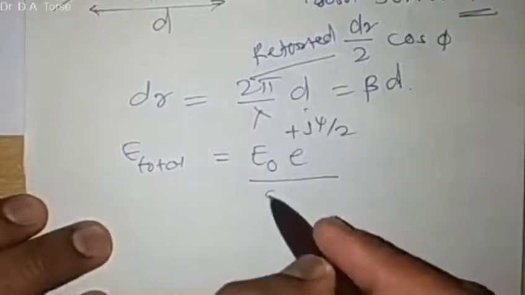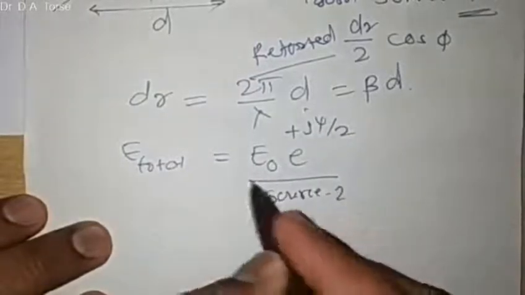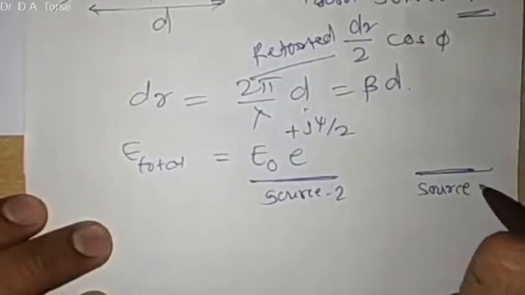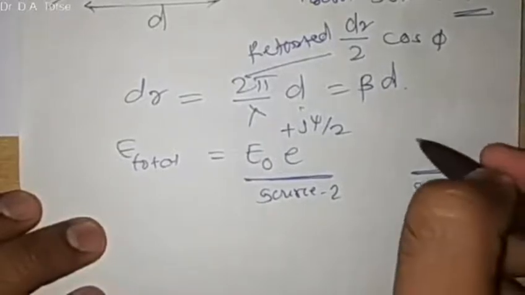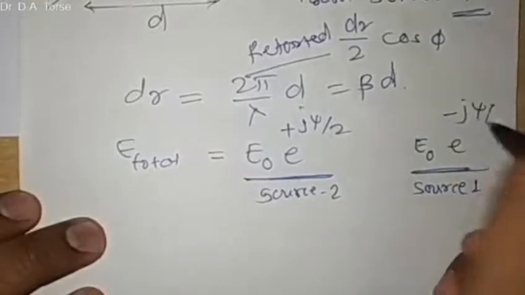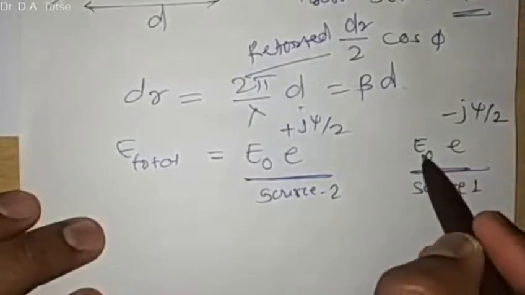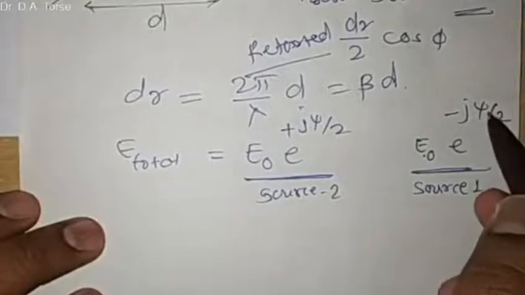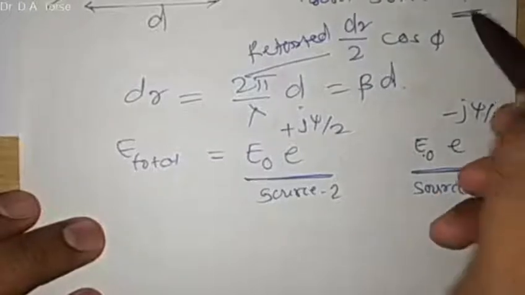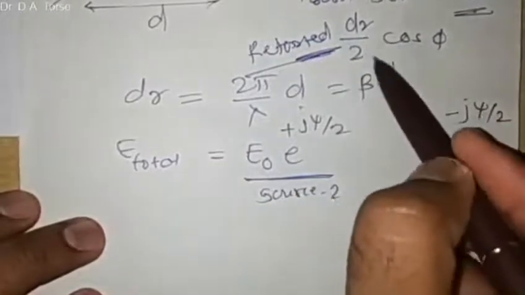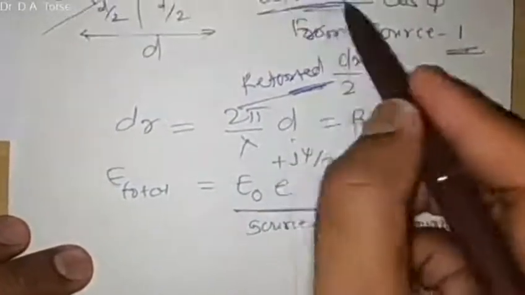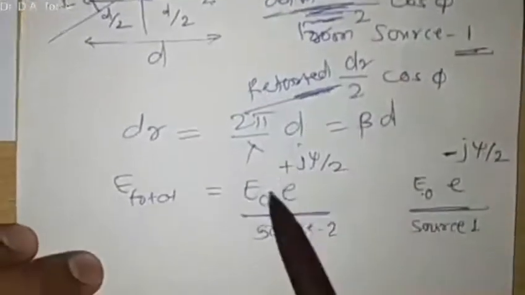This is by source 2, and here I'll write the field by source 1. The field radiated by source 1 will be E0 e to the power minus j psi by 2. E0 is the magnitude of the field, and psi represents the phase variation. Psi in the case of source 1 is retarded by dr by 2 cos phi, so minus sign, and psi in the case of source 2 is advanced, so it is plus j psi by 2.